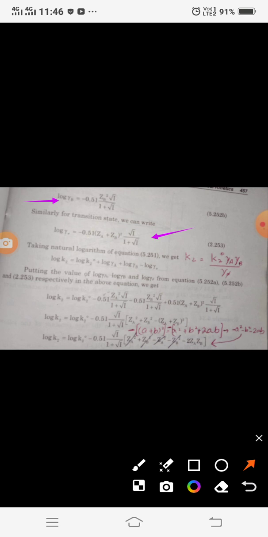So we obtained it by comparing the values, one for the complex in which the substances are reacting and getting converted into the complex form.